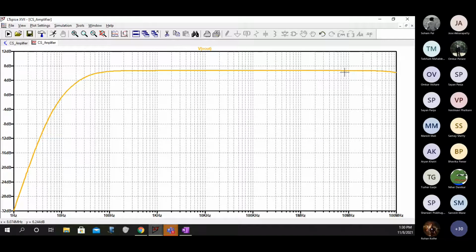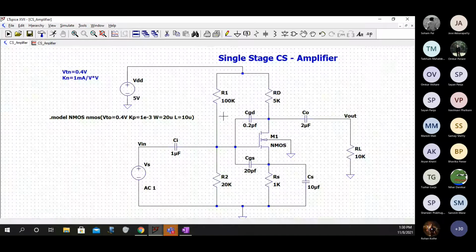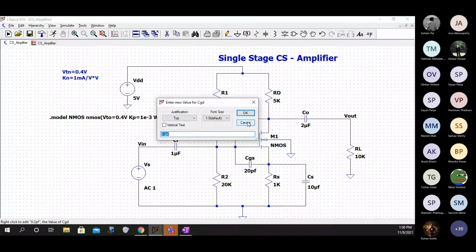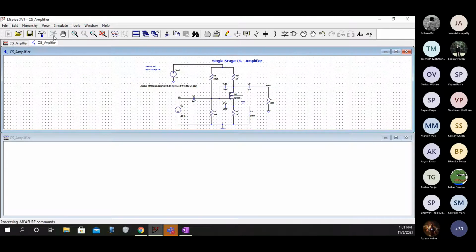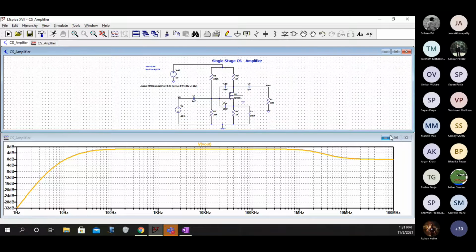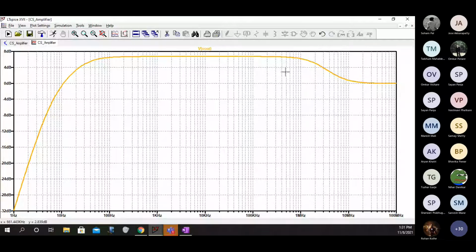So you can see there is a small fall in the value. Keep both equal. You can see there is again a small fall in the value of the gain.